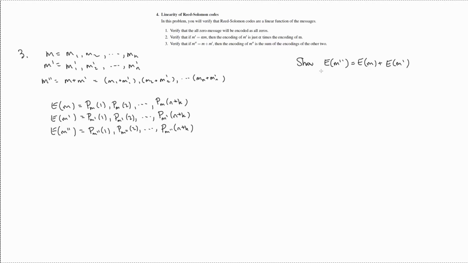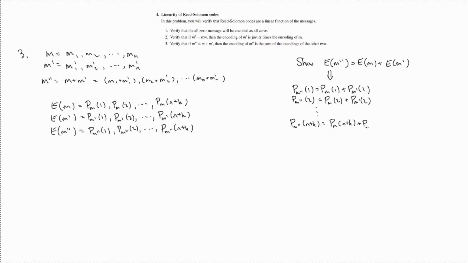So now, this reduces down to the problem of showing that p sub m double prime of 1 is equal to p sub m of 1 plus p sub m prime of 1. P sub m double prime of 2 is equal to p sub m of 2 plus p sub m prime of 2, all the way up to p sub m double prime of n plus k is equal to p sub m of n plus k plus p sub m prime of n plus k.